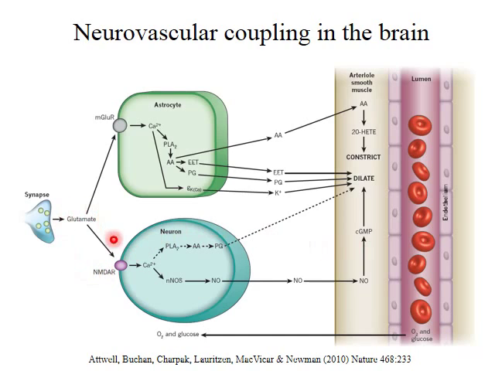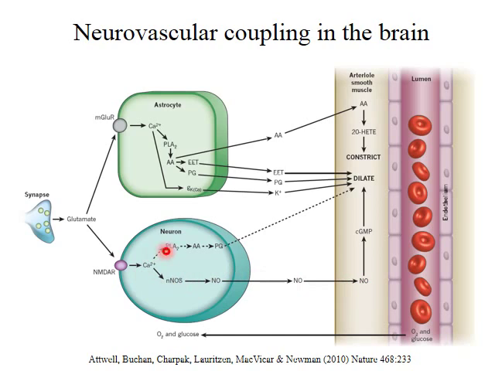One of these is the production of nitric oxide with the activation of metabotropic or, in this case, NMDA receptors on a neuron. Calcium will increase in the neuron. This will activate nNOS, neuronal nitric oxide synthase, leading to the production of nitric oxide, which can diffuse out of the cell and onto the vascular smooth muscle cell, causing vessels to dilate.